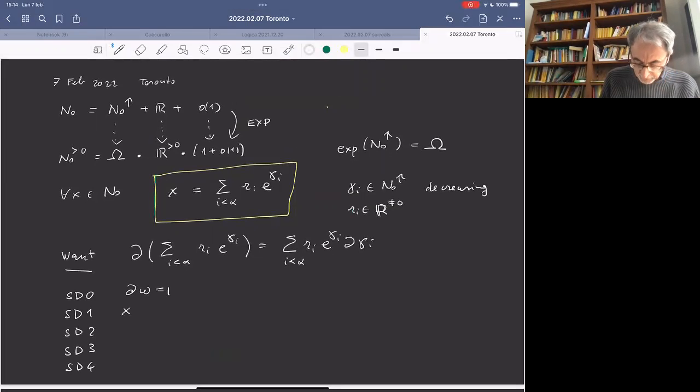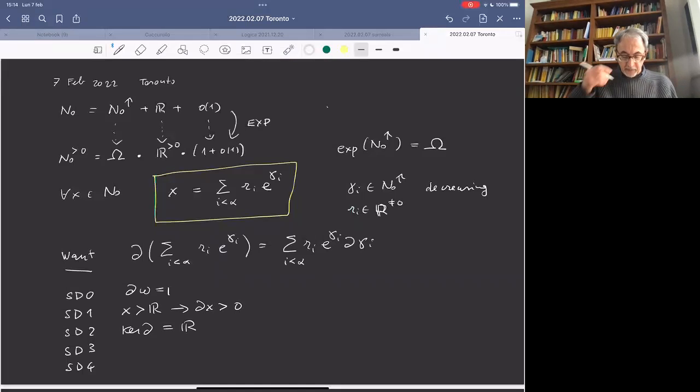SD0 was that the derivative of omega is 1. Then the H-field property, namely if x is infinite, the derivative is positive, in analogy with Hardy fields. Then the kernel should be the reals, so in particular the derivative is non-trivial. Then we already said that we want the derivative to respect the exponential map. And finally, we want the derivative to respect infinite sums.